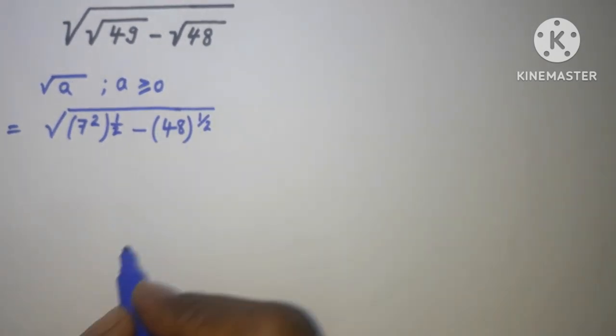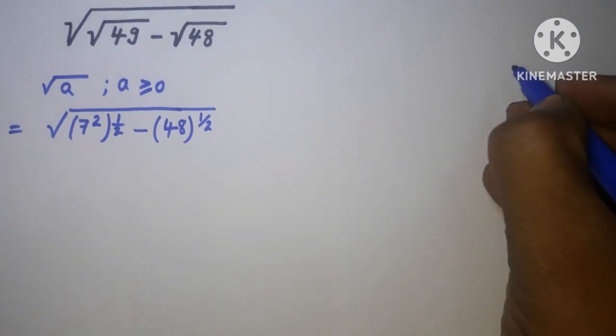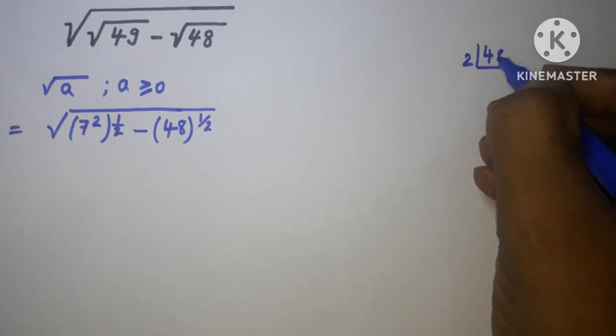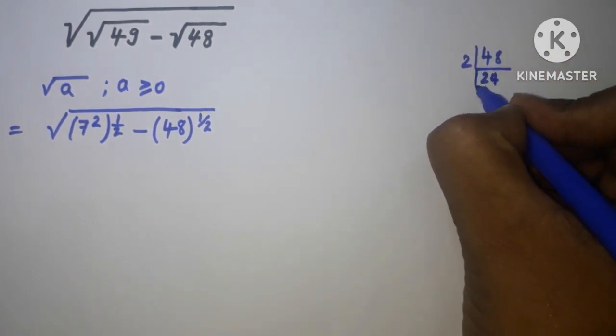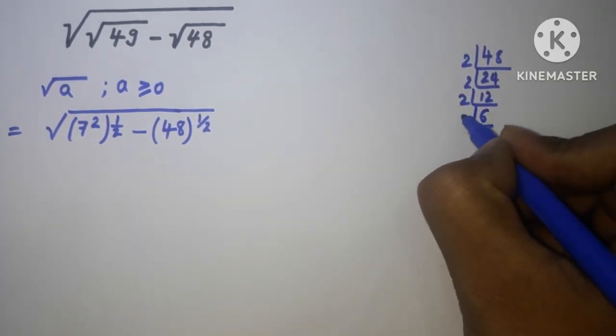Okay, so 48, we have to get the factors of 48. What will be the factors here? If I do prime factorization, it is coming 2, 2, 2, 2, 3.